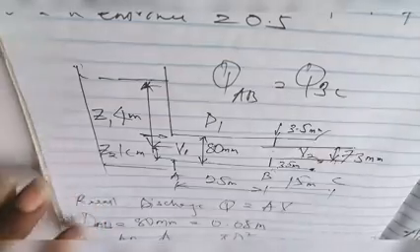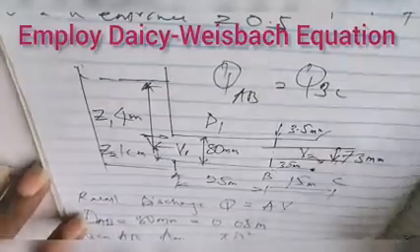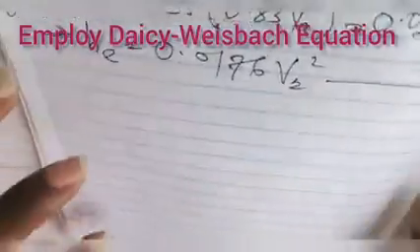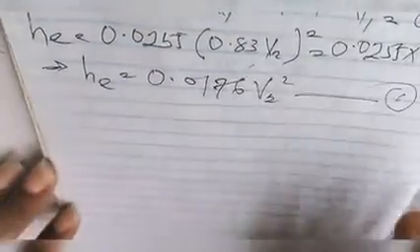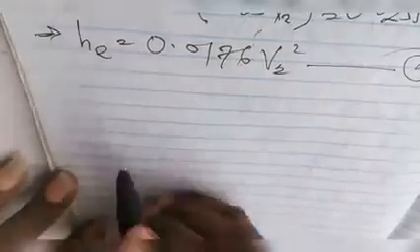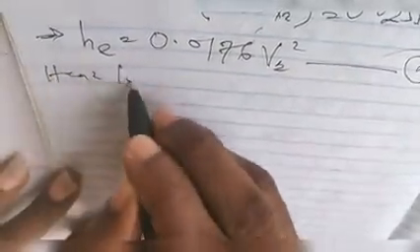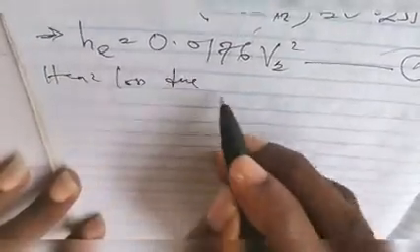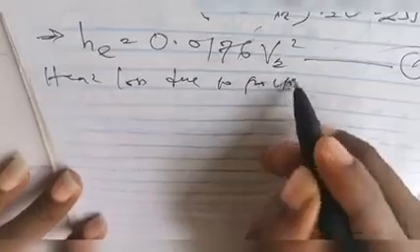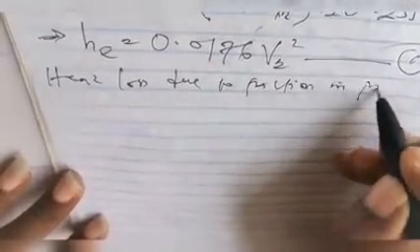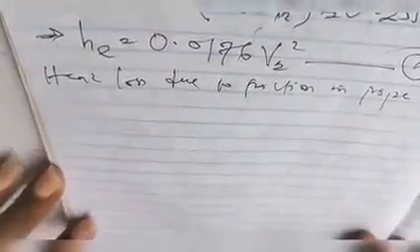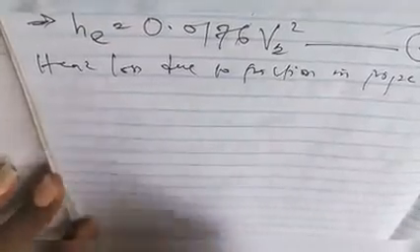So to calculate head loss due to friction, we make use of the Darcy-Weisbach equation. So the next head loss to calculate now is head loss due to friction in pipe 1. That's the first thing to do.